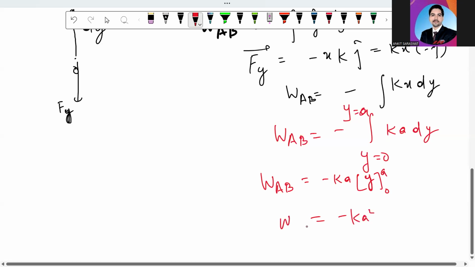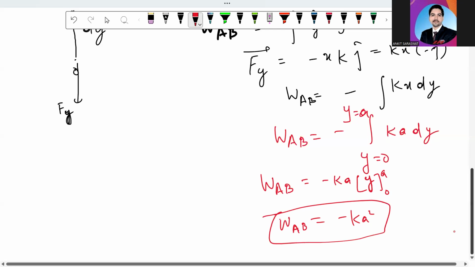They are asking total work. Total work will be what? You are moving the particle first as per the question from O to A plus A to B. So total work will be along OA 0, along AB minus Ka squared.